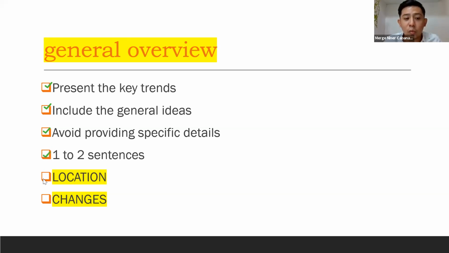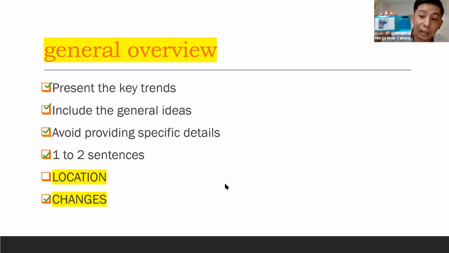So what I want you to put in the general overview is the changes. What happened? Did it change? Yes. In what way did it change? Did it change drastically? Did it change exponentially? If it is this big, if it is this big previously, and it is now this big, do you think we can say it increased in size?